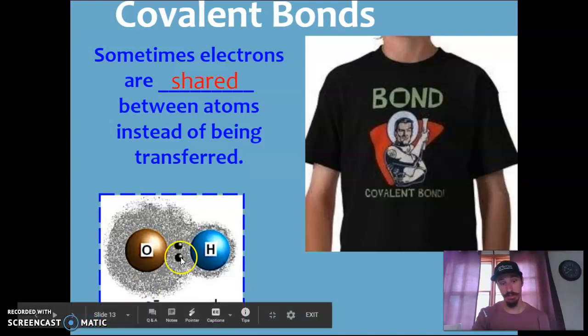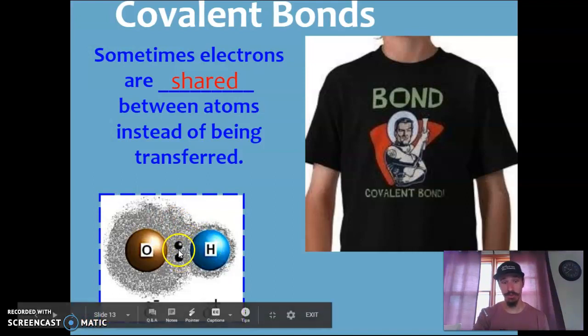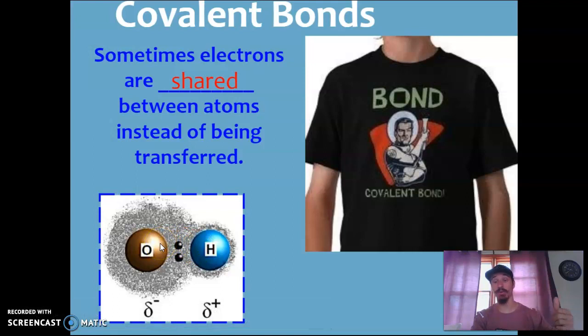So the electrons, pictured here in black, because oxygen has a different wanting, or we use the word affinity for electrons, than hydrogen, these two electrons would not be so in the middle of these two atoms. Okay? In reality, these two electrons would be much closer to oxygen than hydrogen because oxygen has a very high affinity or liking for electrons.